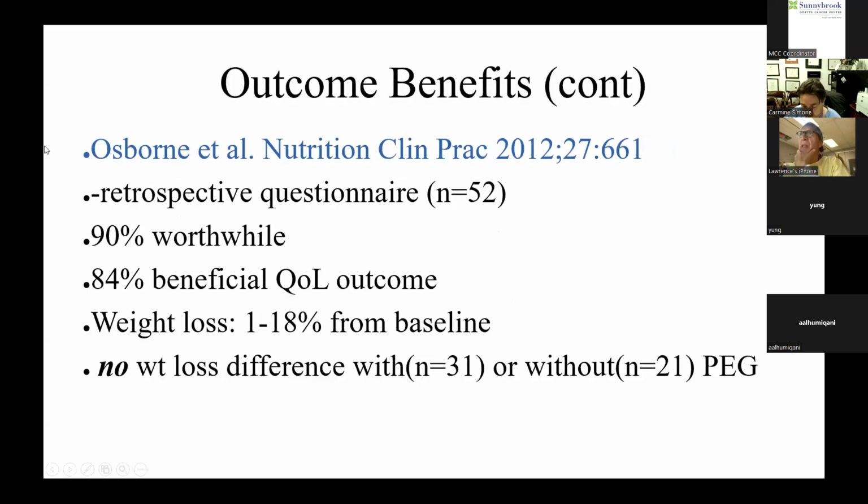Also, our group, the nutritional group led by Osborne, published in the same year, a retrospective questionnaire. Again, nice qualitative data saying, well, how did the patients feel with it? Well, 90% felt that it was a worthwhile experience. 84% had a much better quality of life in the same patient population than compared to the non-PEG group.